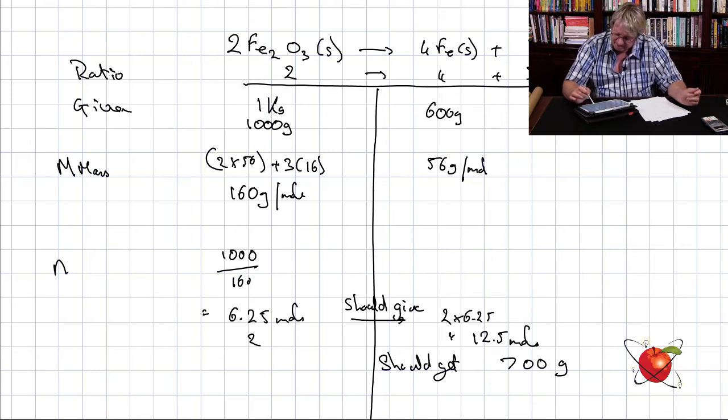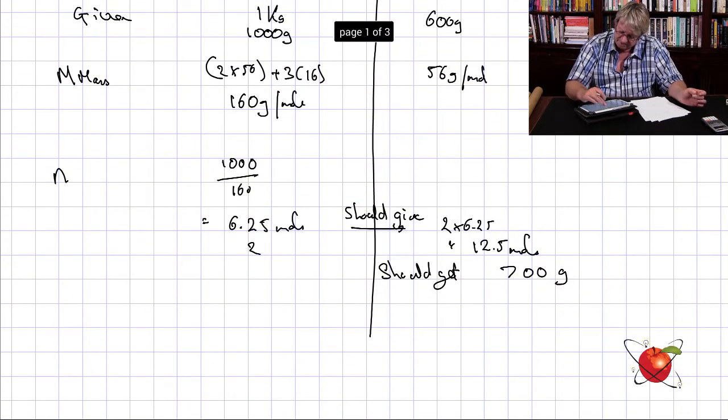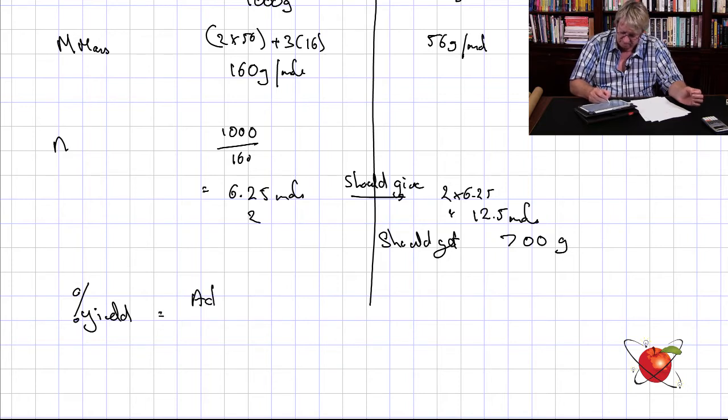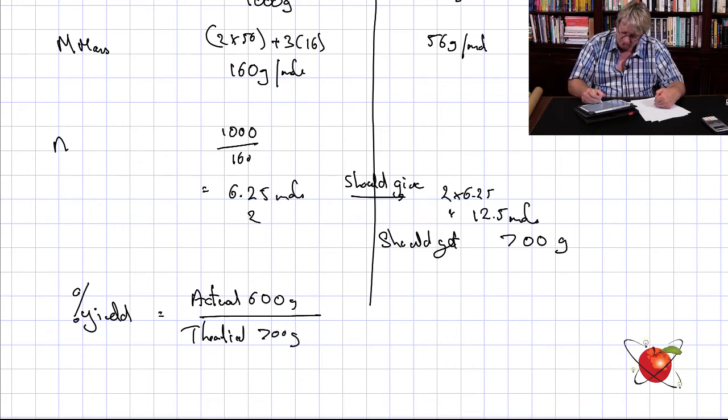Therefore, the percentage yield is going to be equal to actual, we got 600 grams, over theoretical, which is 700 grams, which should give us 85.71 percent.